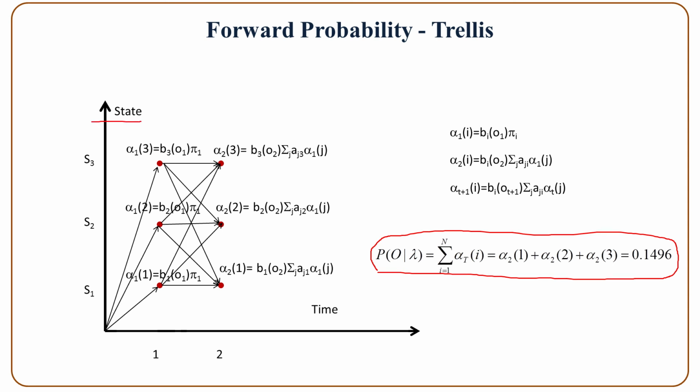And you can see on one axis we have states from 1 to N, and on the other axis we have time from 1 to T.